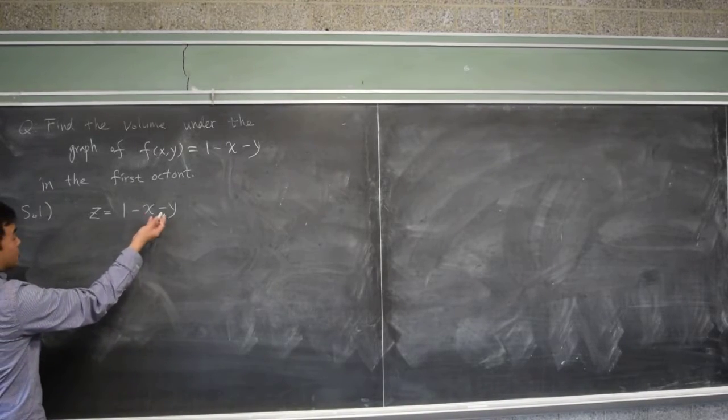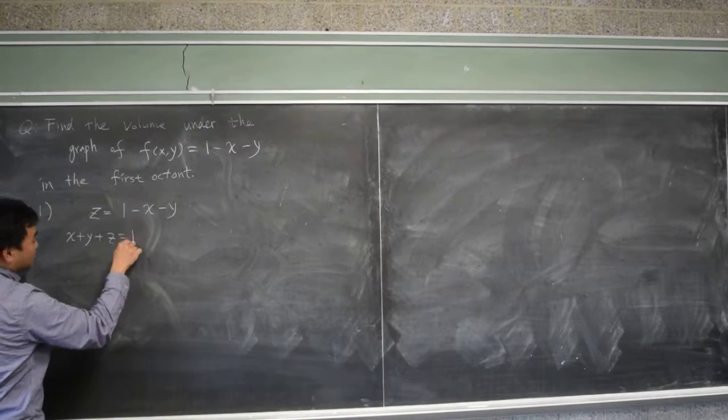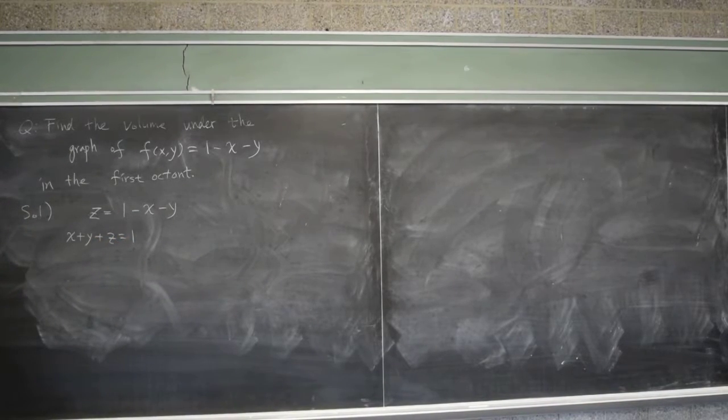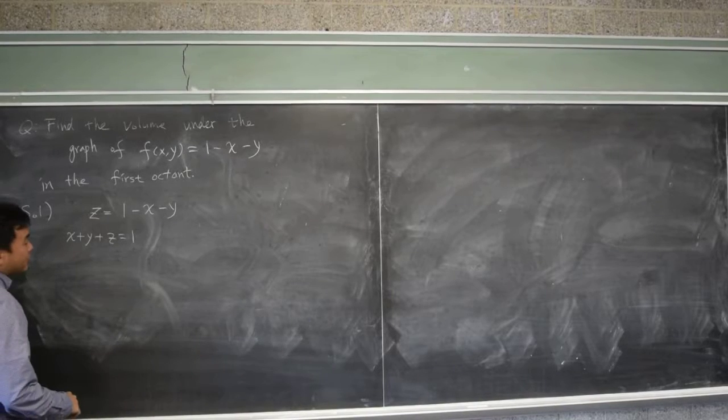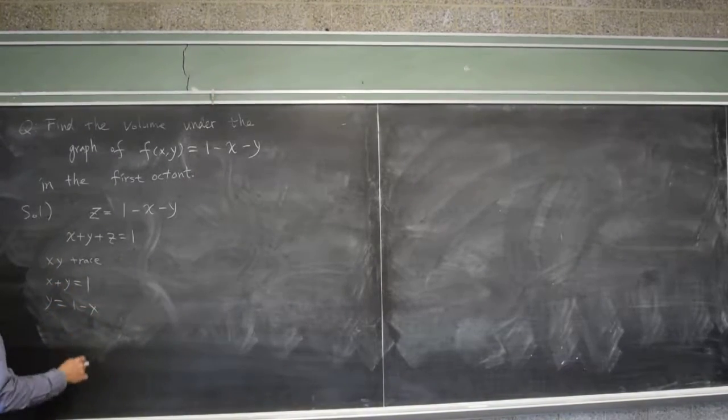If I move this to the other side, I get x plus y plus z equals 1. For this one, I think it's better to use the xy trace, yz trace, and zx trace to draw it. First, the xy trace. That's x plus y equals 1, which is y equals 1 minus x.